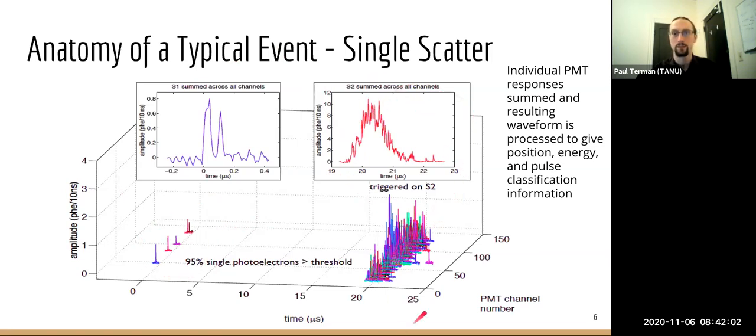And we get the summed S2 on the right. Now, this is for a single scatter event. This was what we would expect from a WIMP. And when we get those summed waveforms, we can then toss that through our data processing framework, and we are able to get position information, energy, pulse classification, and a slew of other data.